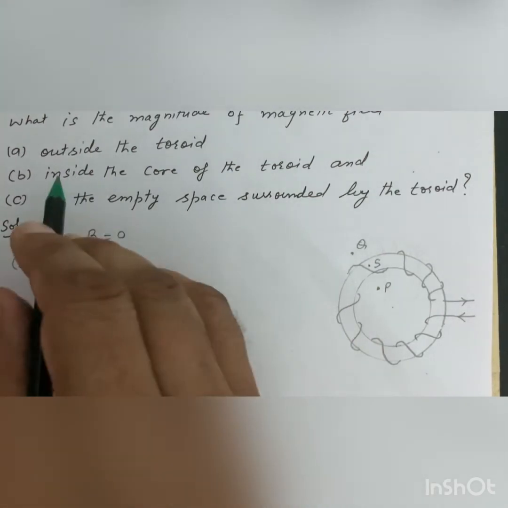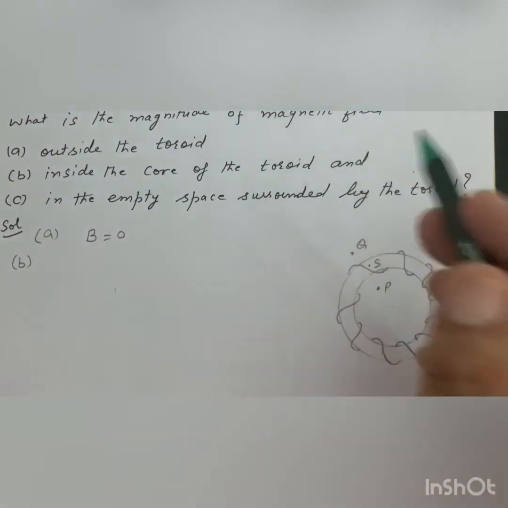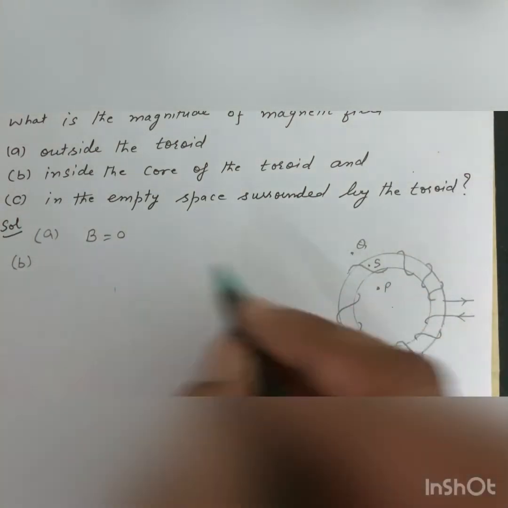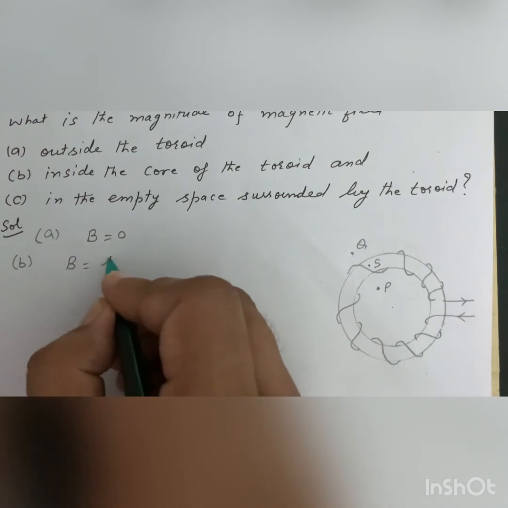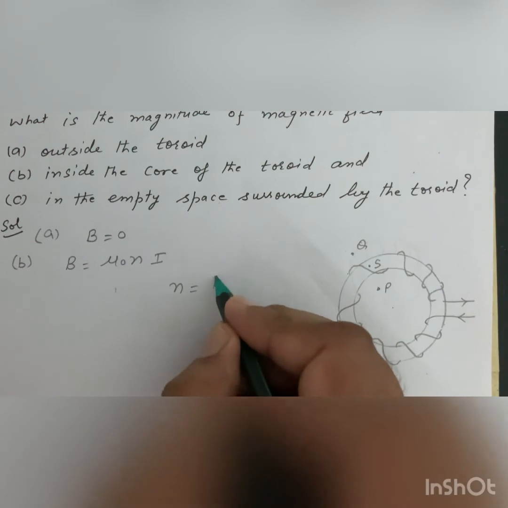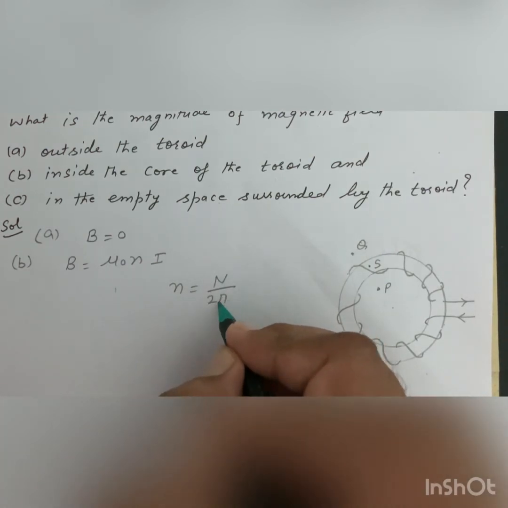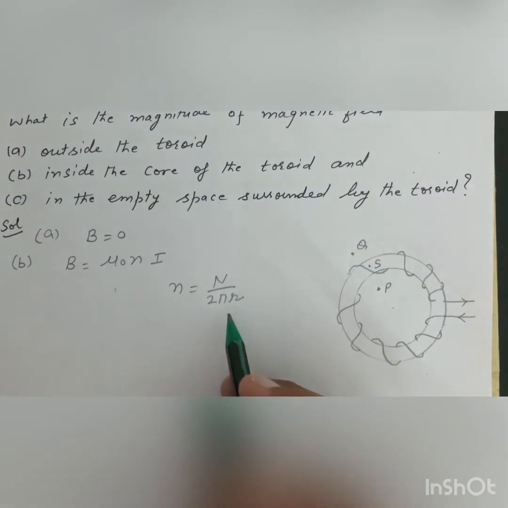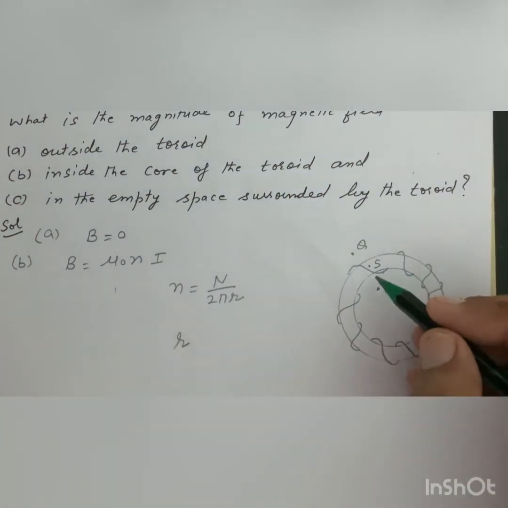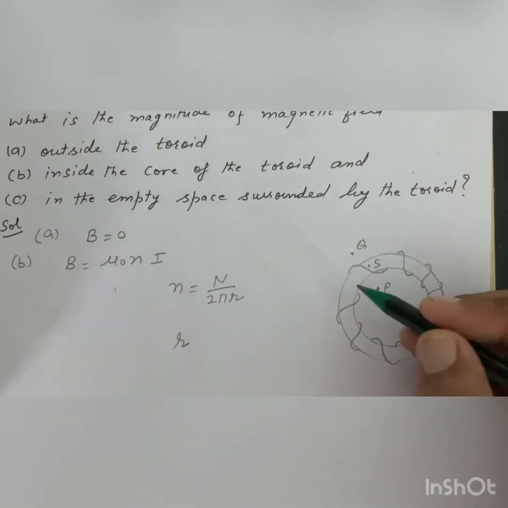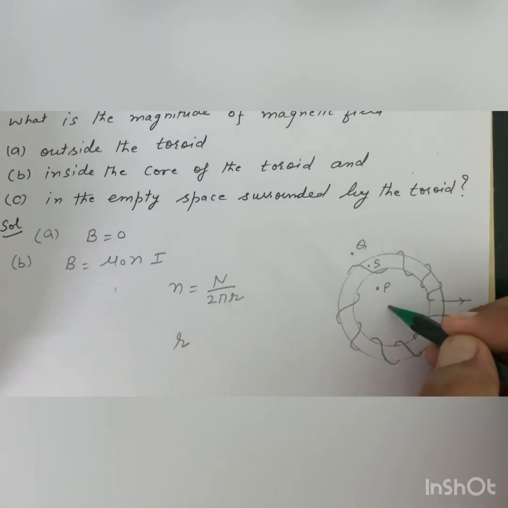B part: inside the core of the toroid. Here at point S, we know that the magnetic field inside the toroid is given by B equals mu naught n i, where n is the number of turns per unit length, that is equal to N over 2 pi r. Now here the inner radius of this toroid is 25 centimeter and the outer radius is 26 centimeter.